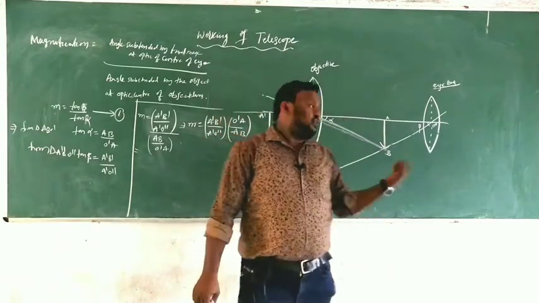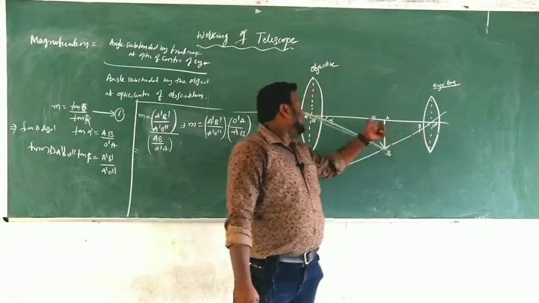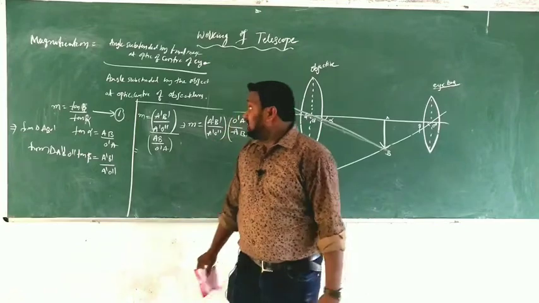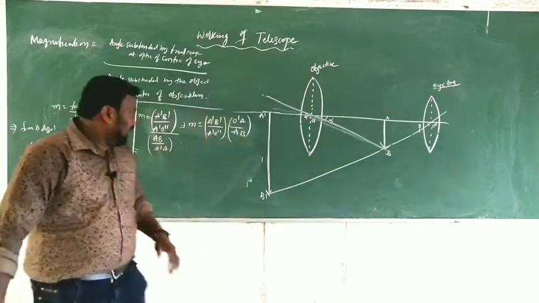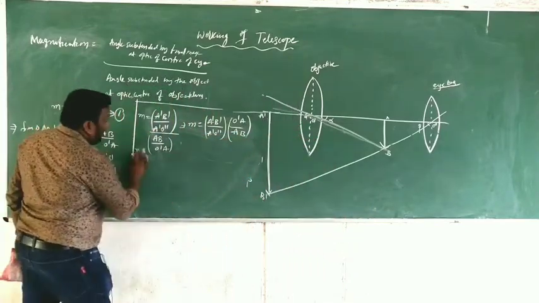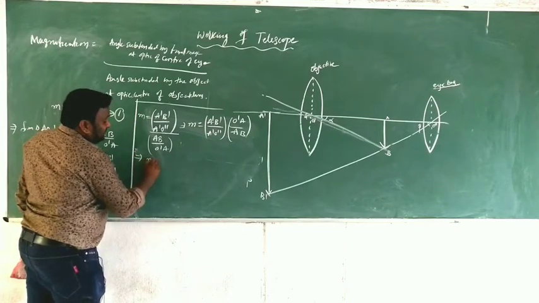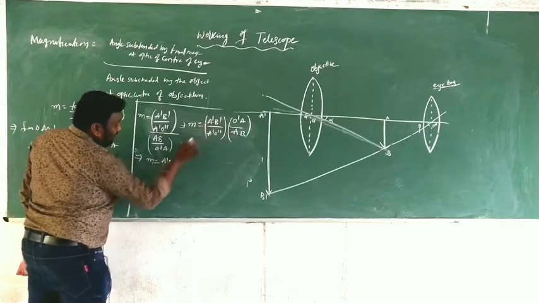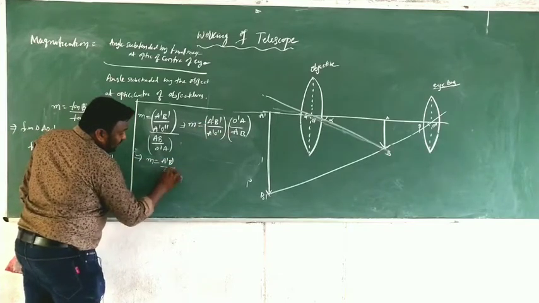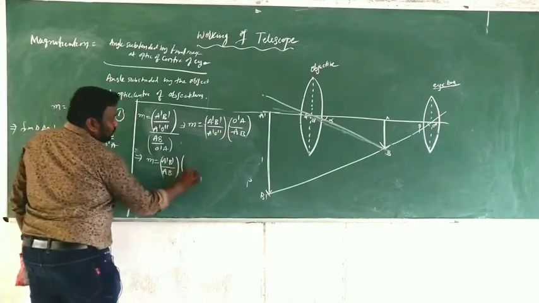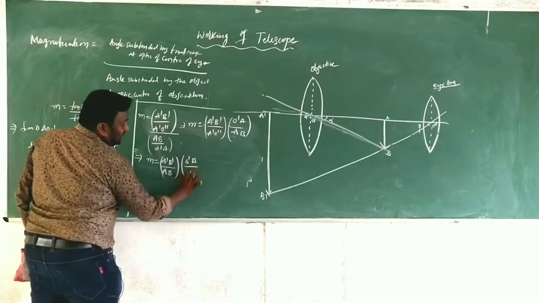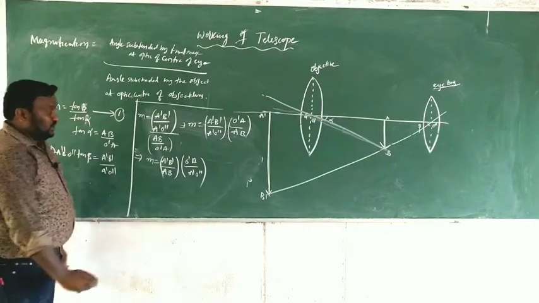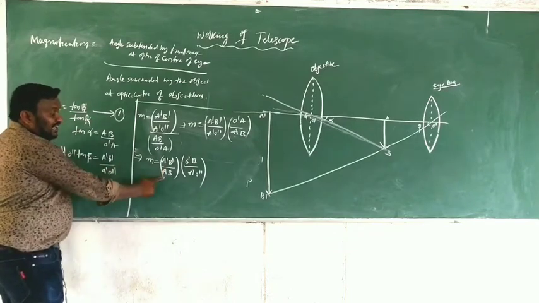And now we are taking this as beta and this as alpha, so the formula is M is equal to tan beta by tan alpha. Clear? So for our convenience, I am writing M is equal to A dash B dash by AB into O dash A by A dash O double dash.